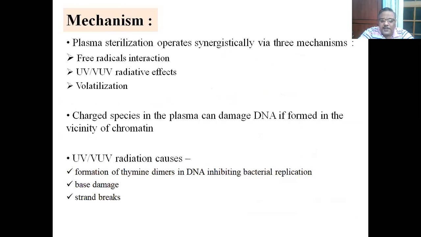The charged species in the plasma damage DNA in the vicinity, and the ultraviolet radiation causes formation of thymine dimers in DNA, inhibiting bacterial replication. They limit the population of the microorganism, damage the bases, and gradually the DNA strands break. So there is dissolution of the DNA.